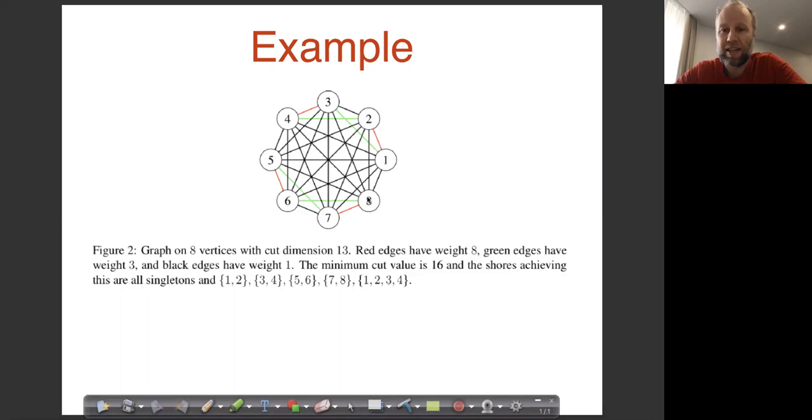That's because we said I want 1, 2 to be a minimum cut, 3, 4 to be a minimum cut, 5, 6, 7, 8 to be a minimum cut. And then these green edges have weight 3. So this is a graph that has cut dimension 13, which again is 2 times 8 minus 3.